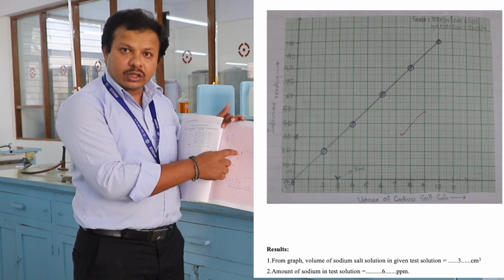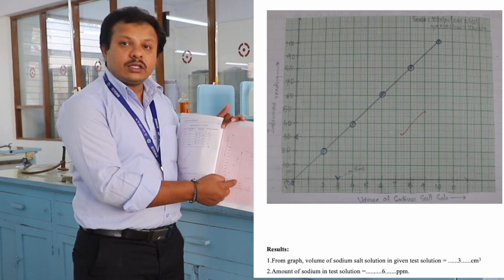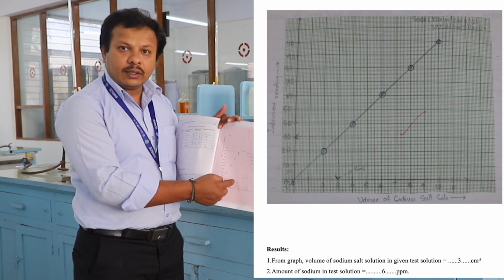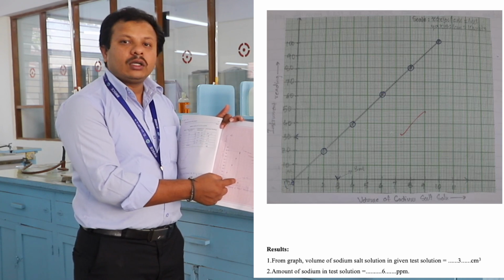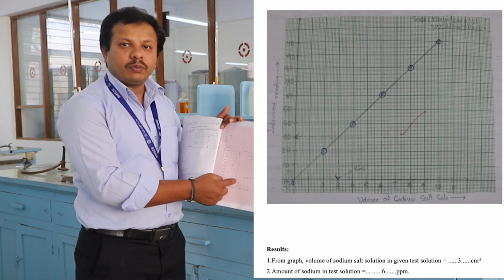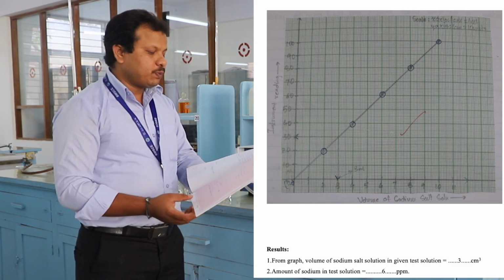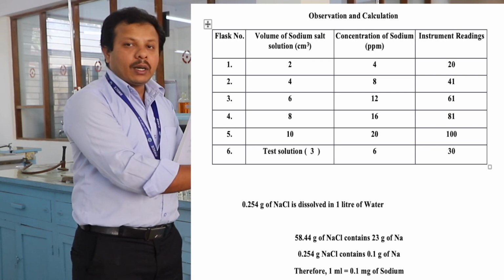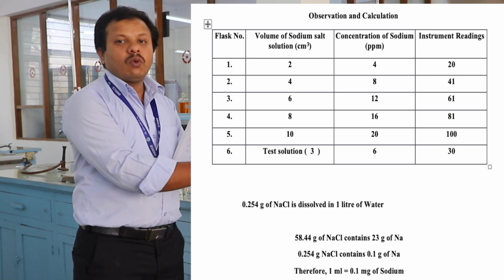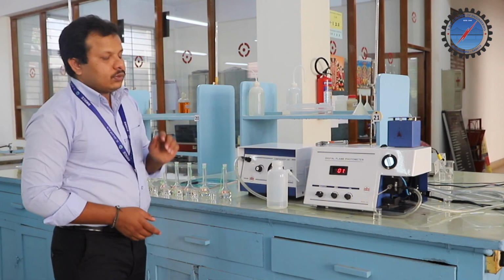From it, by knowing the instrument reading, we can calculate the volume of the test solution taken, and from that the concentration of sodium in the given test solution. This is the experiment. All the readings we need to tabulate, and we have to plot the graph using these values. Thank you very much.